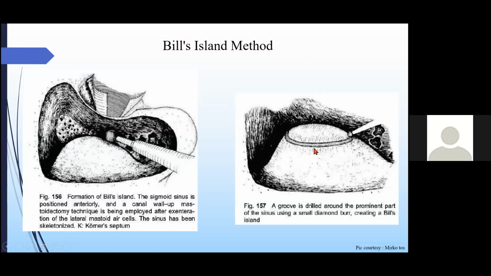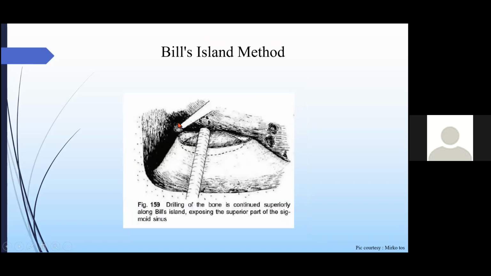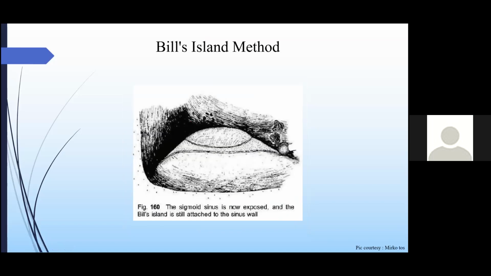And this island is drilled to the depth where we can see the covering of the sigmoid, and it is done all over the circumference of the most prominent part. After this, a blunt instrument can be used to fracture this island in posteriorly, and so the sigmoid sinus is protected, and we can drill out the surrounding bone anteriorly, superiorly, and inferiorly.